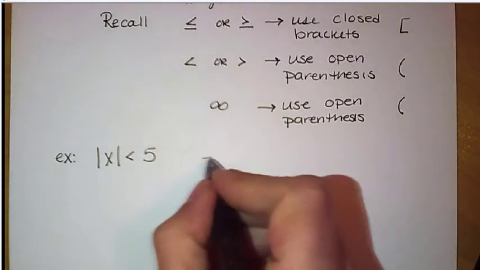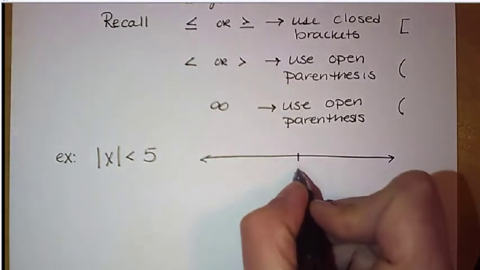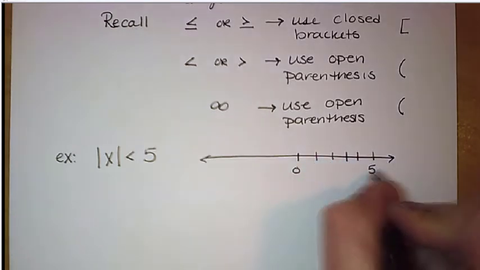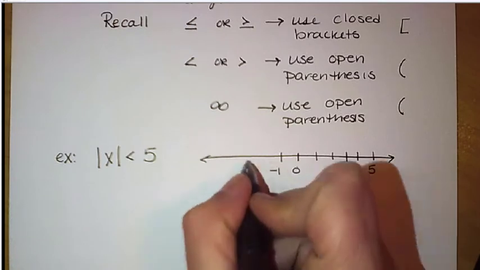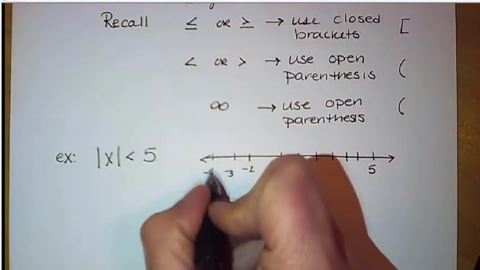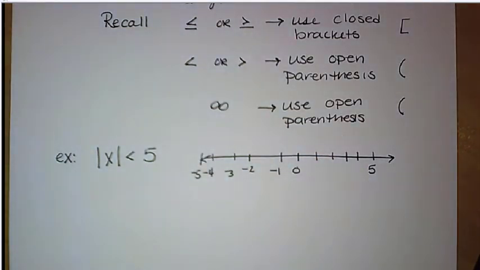So what I want you to think of is, here's my number line, and here's 0. I've got 1, 2, 3, 4, 5, and then -1, -2, -3, -4, -5. Sorry, I didn't make my line quite long enough on the other side.